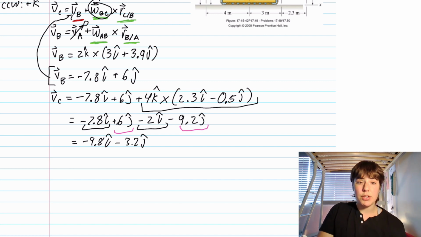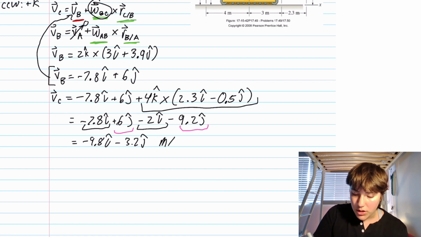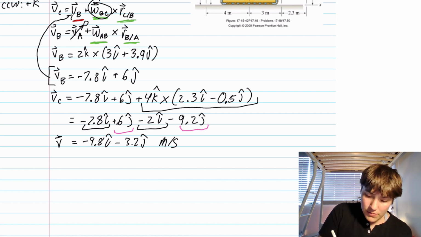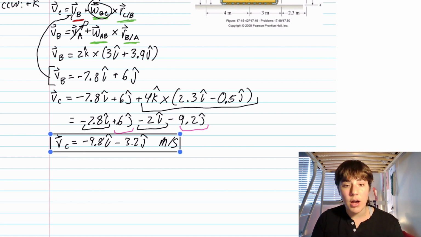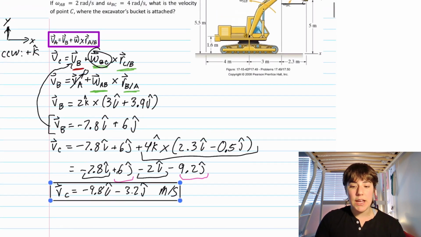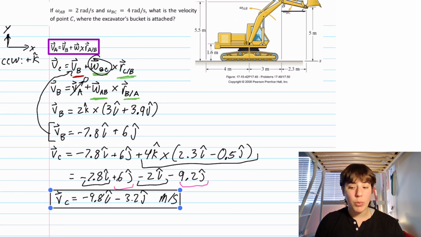And then don't forget your units. That's a silly way to lose points. And that gives you the velocity vector of a point when you're relating it to other points on a rigid body, or rigid bodies that are connected by a common point, such as B in this problem.